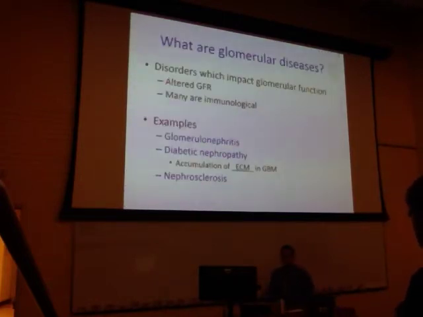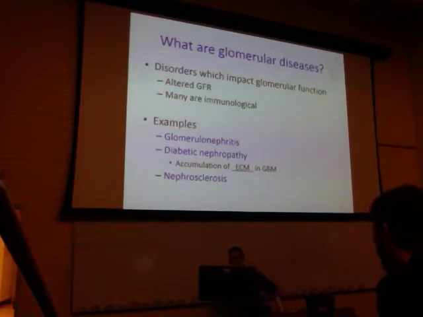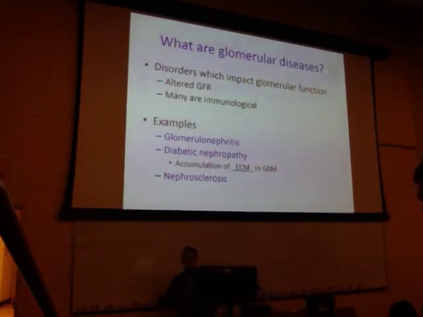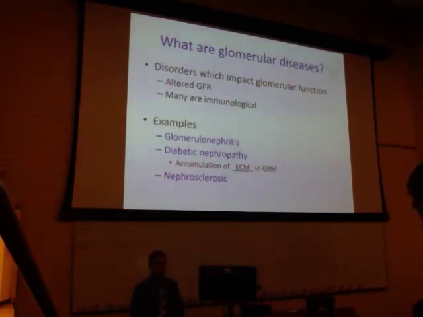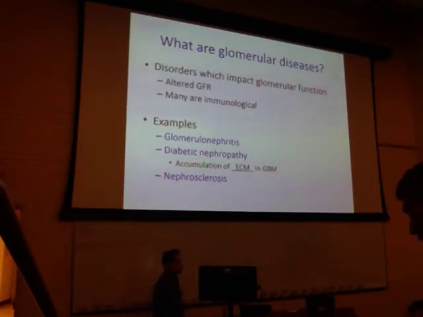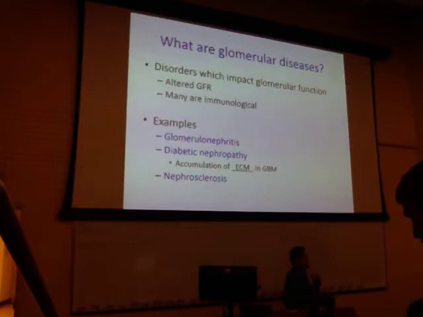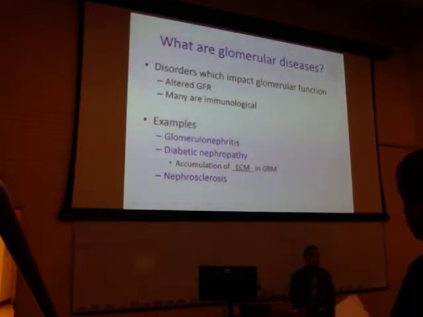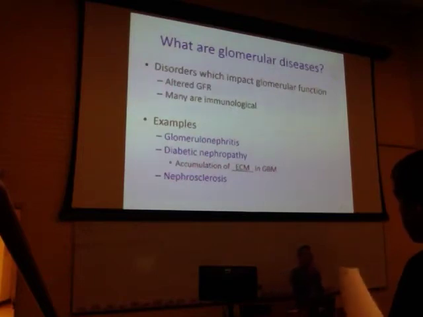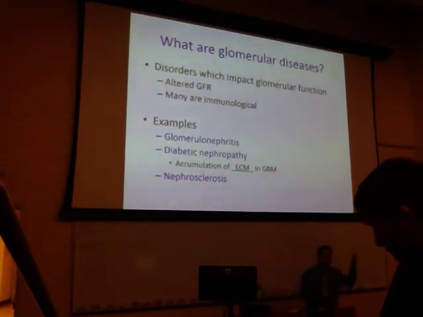So a glomerular disease is a disorder that impacts the functionality of the glomerulus, otherwise known as glomerular function. So that's going to change or influence filtration rate at the glomerulus, or glomerular filtration rate. That GFR is directly proportional to urine production. So if GFR goes up, urine production is higher.